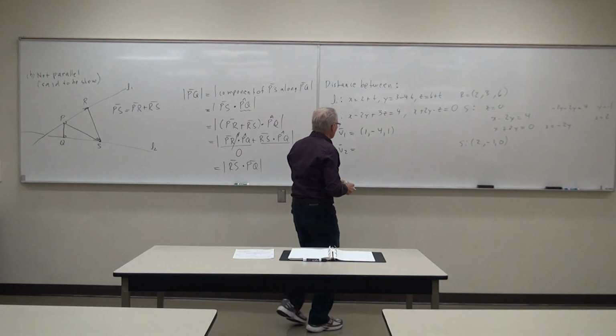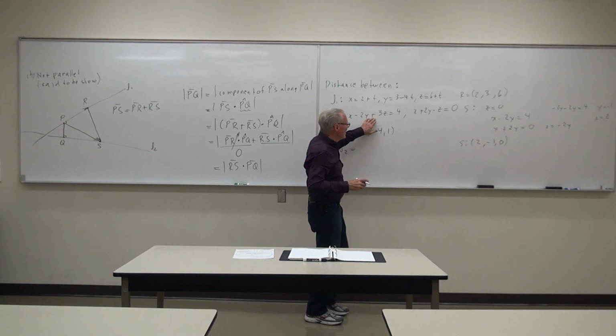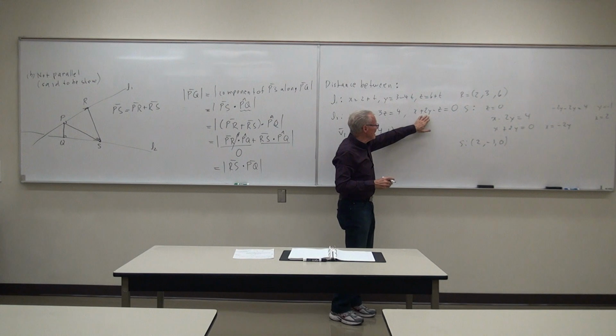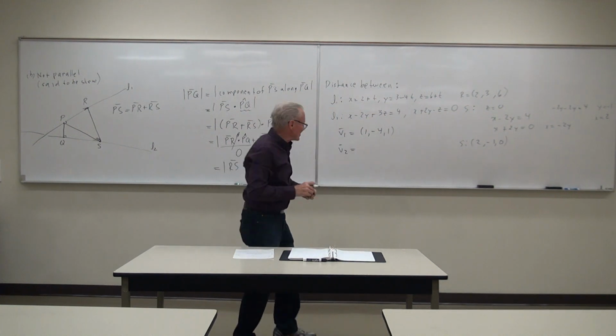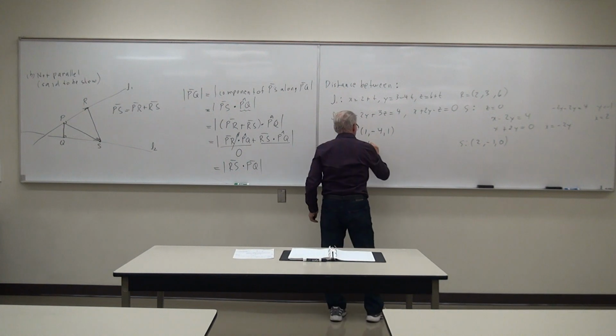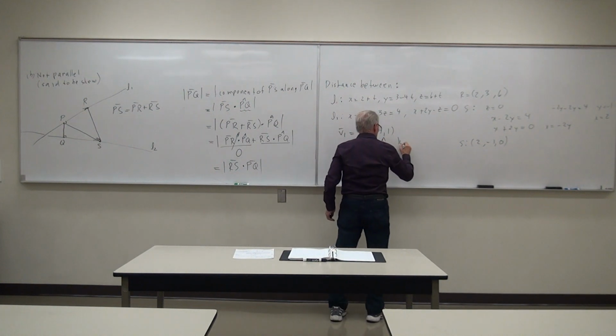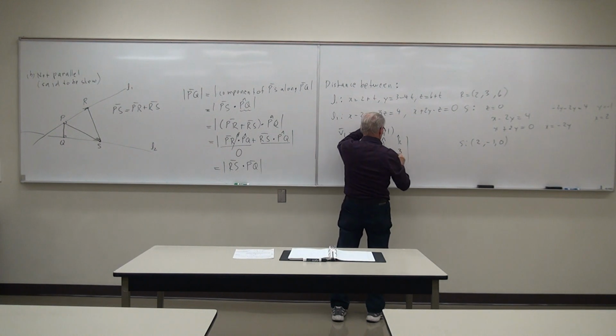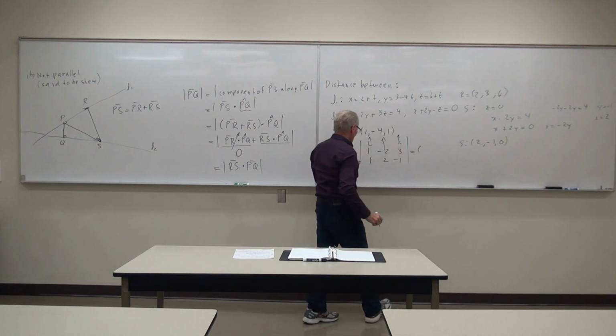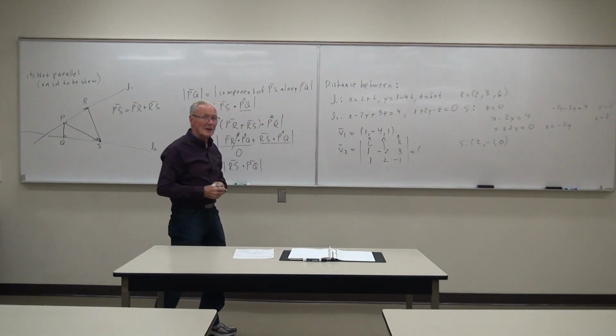If you take the normal to this plane, and you take the normal to this plane, and you cross them, you will get a vector along their line of intersection. So, i, j, k, vector 1, negative 2, and 3, 1, 2, and negative 1. That's going to be a vector along line 2.